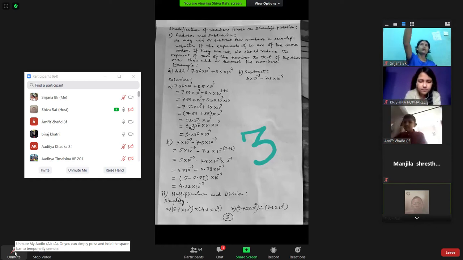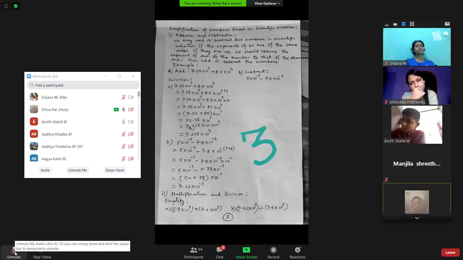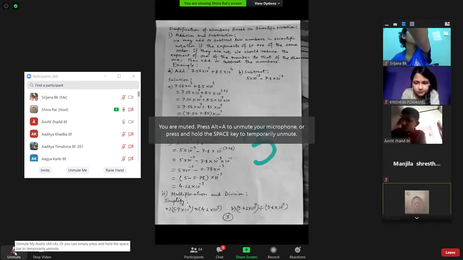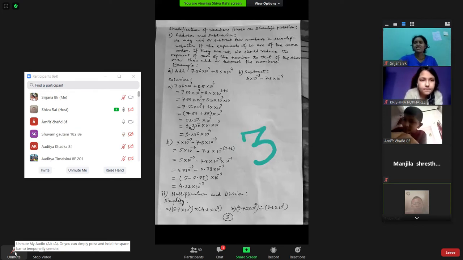So to make it less than 10, the decimal should be in between 9 and 2. So 9.256 into 10 is equal to 92.56. This is only another form.